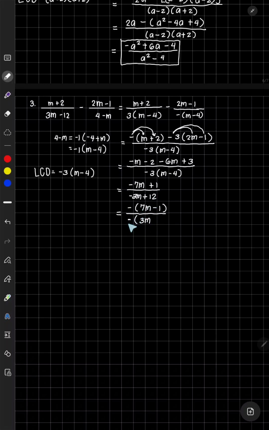Then 12 divided by negative 1, that would be minus 12. So we can cancel out the negative 1 and negative 1. So we can have 7m minus 1 all over 3m minus 12. So this can be your final answer.